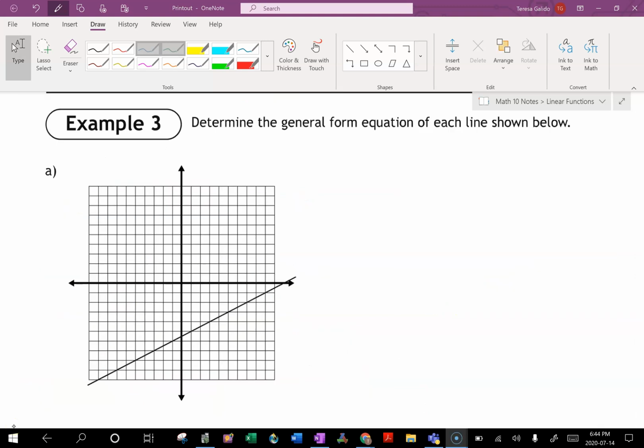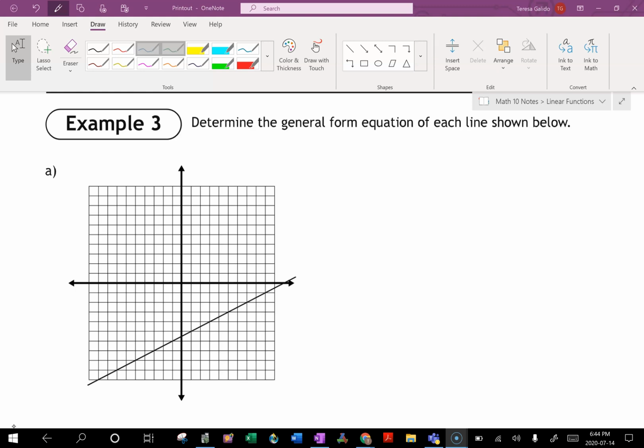Number 3 here: we're going to determine the general form of each line using the graph below. In order for us to write an equation of the line, we have to start by choosing either y equals mx plus b, or y minus y1 equal to m times x minus x1, which is the point-slope form.